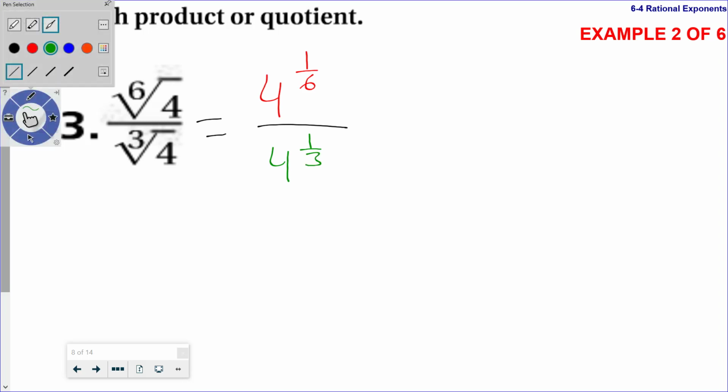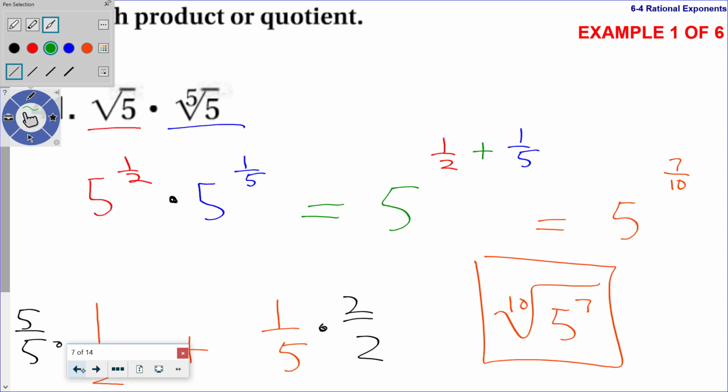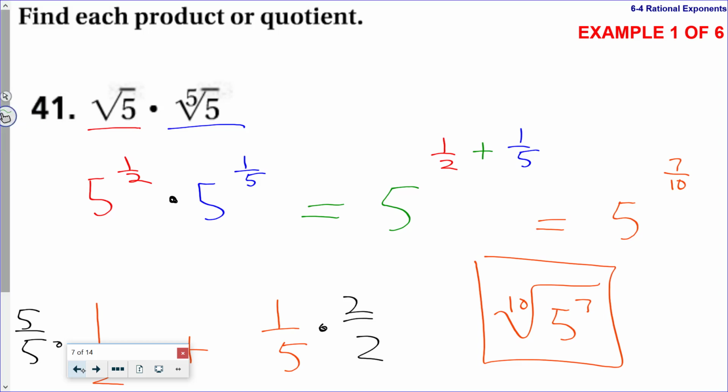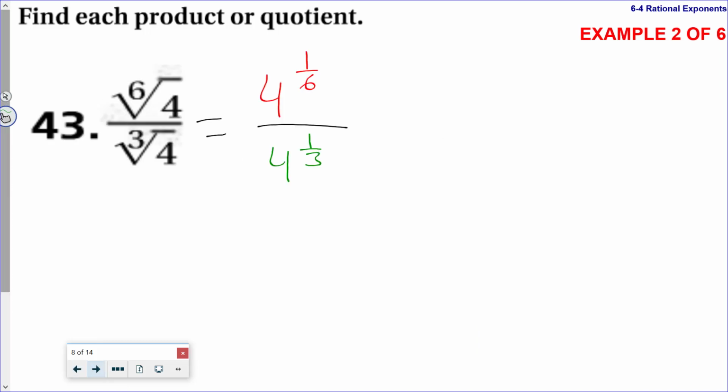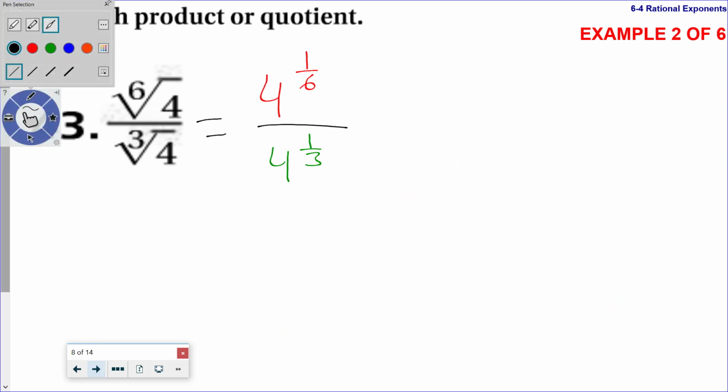If when you multiply the same base, you add the exponents, what's the rule for when you divide? What do you do with the exponents? You subtract the exponents when you divide. So since we're dividing and the bases are the same, we subtract the exponents.